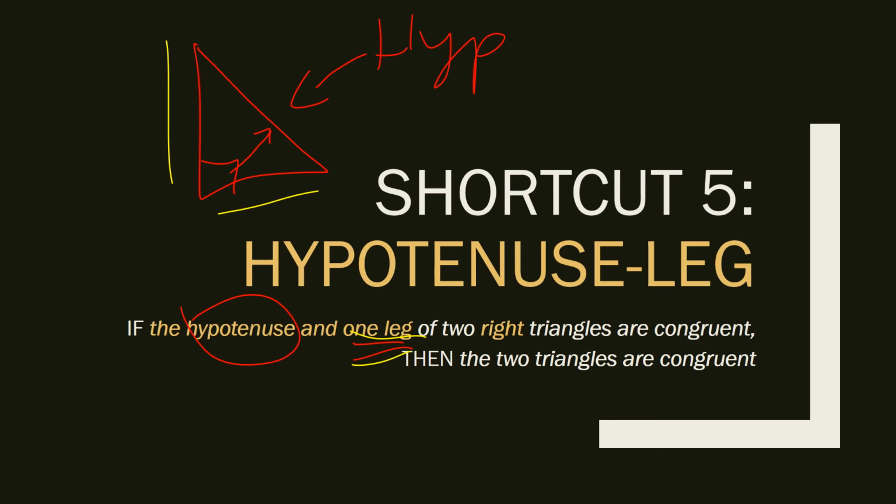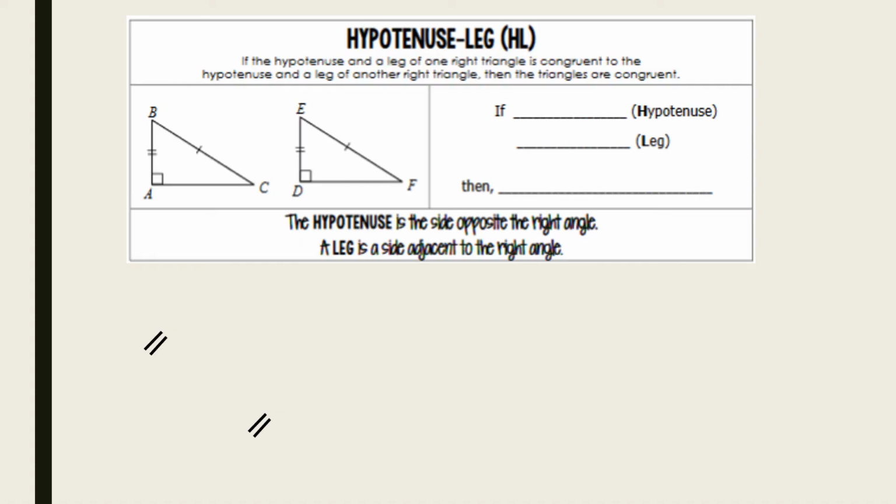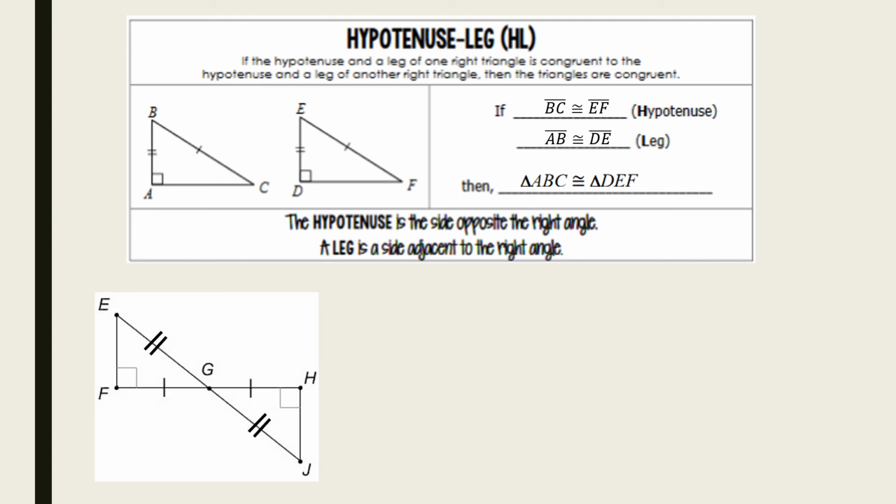Let's see what this looks like. If the hypotenuse BC equals EF, and AB, one of the legs, is congruent to DE, the other matching leg, then the entire triangle is congruent. What it looks like in person, boom.